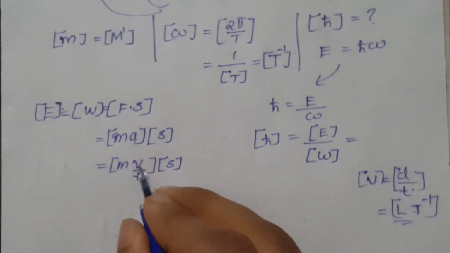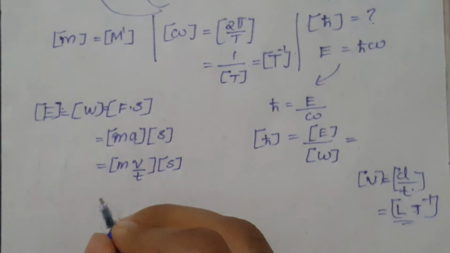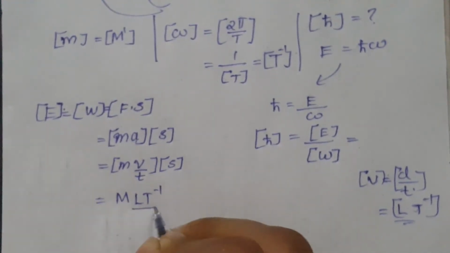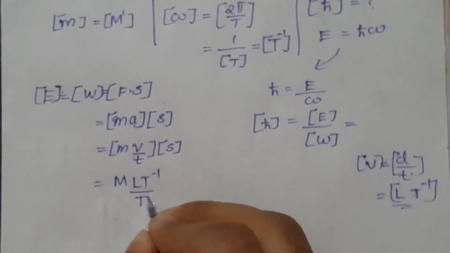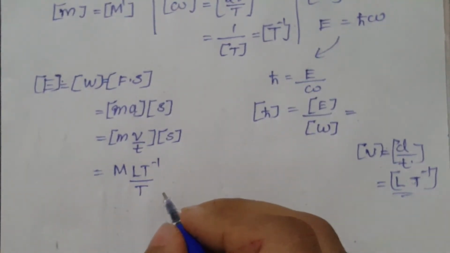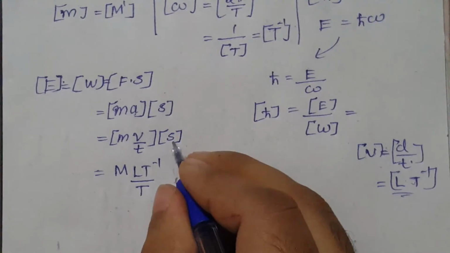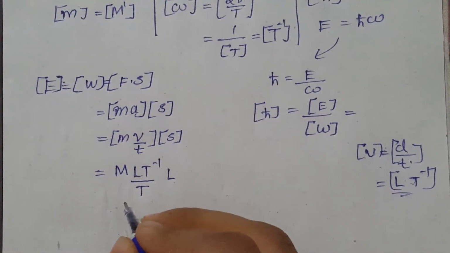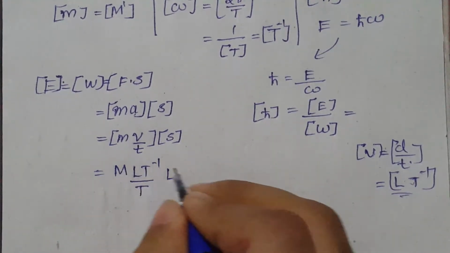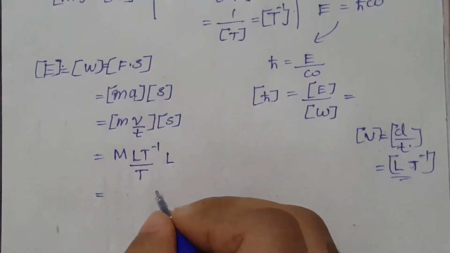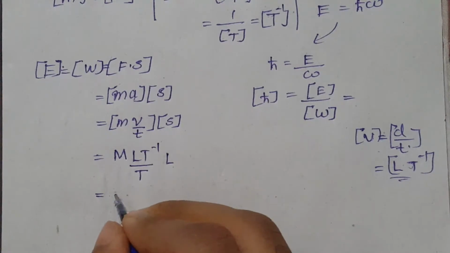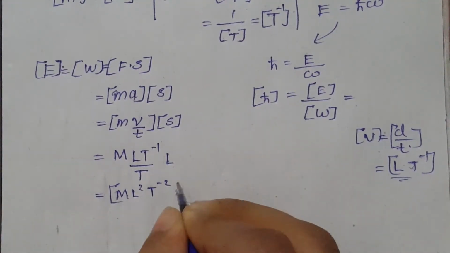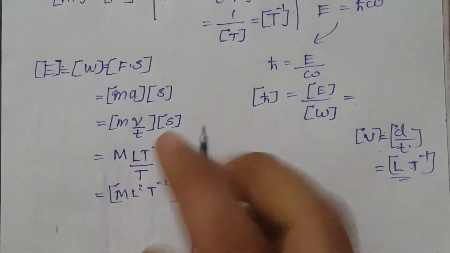Now we can write M L T raised to minus 1 divided by T, multiplied by distance, L. Now T will go up and L will get multiplied. So M L square T raised to minus 2. This is the dimension of energy.